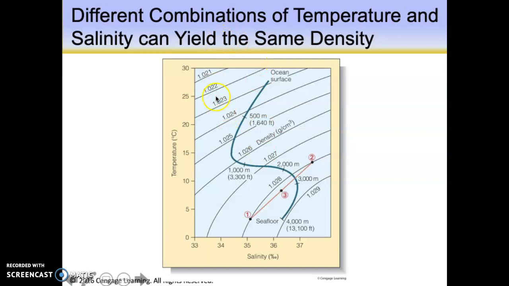And you'll notice that those densities are not really large numbers. 1.023, 1.024, a small difference in density is enough to allow a water mass to find a different level. So, very complicated drawing. Don't worry too much about it, except for the fact that salinity and temperature are going to determine the density.